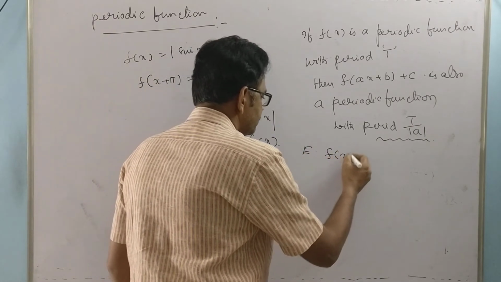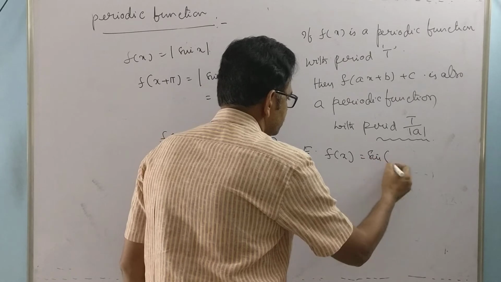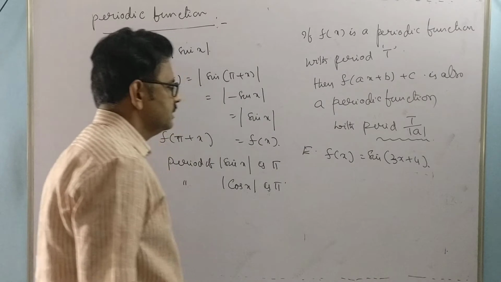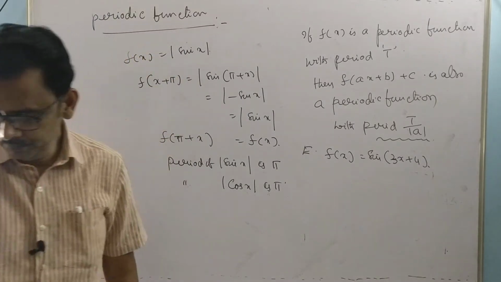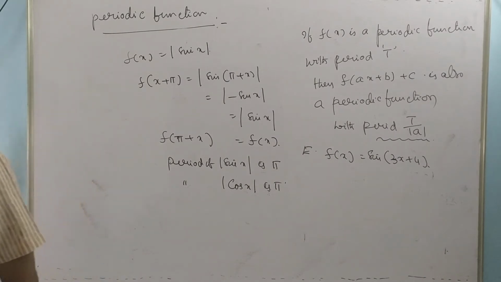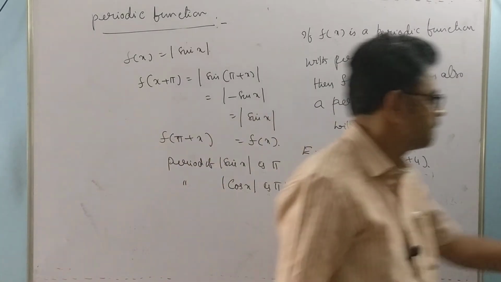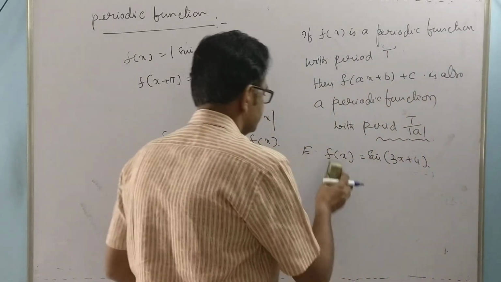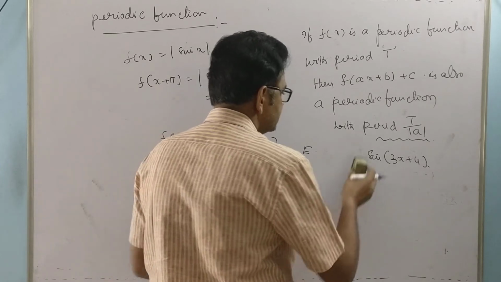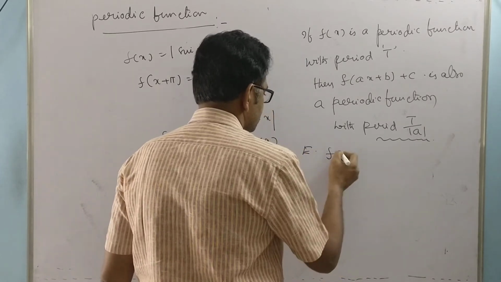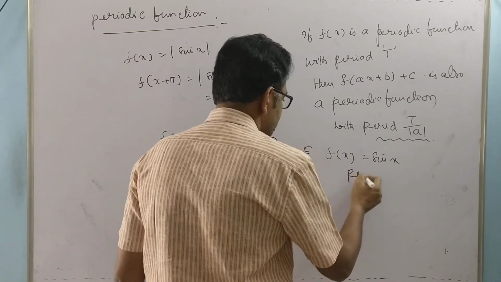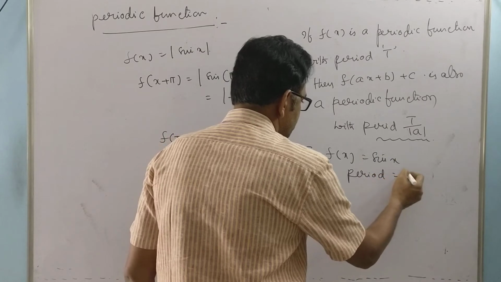Suppose you take one example, f of x is equal to sin of 3x plus 4. If you take f of x equal to sin x, the period is 2 pi.